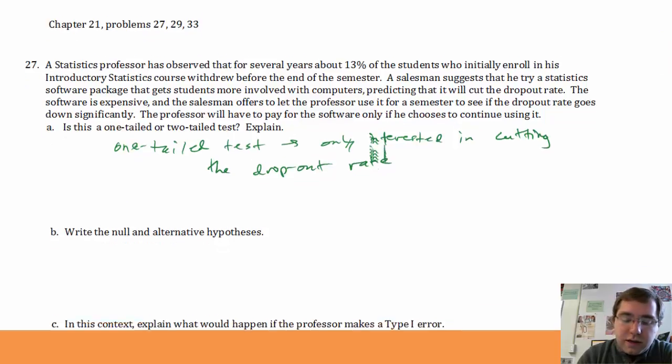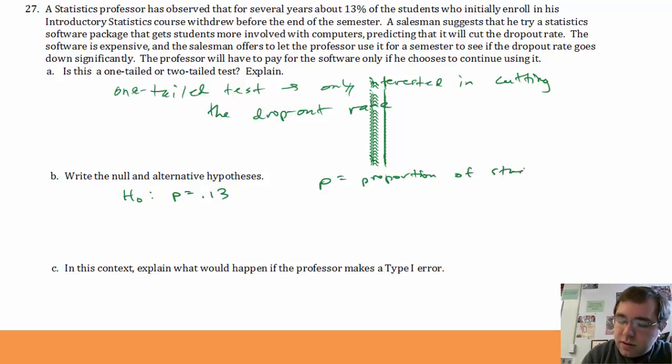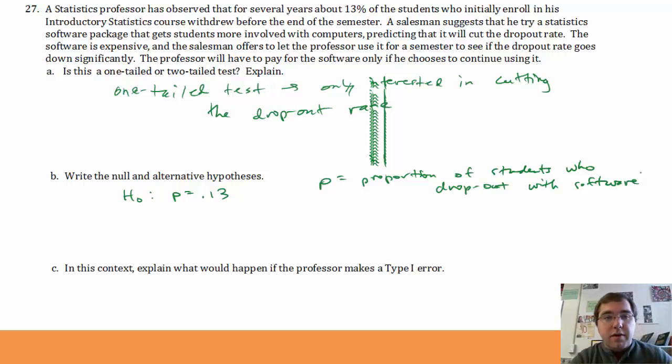Okay, write the null and alternative hypotheses. The null hypothesis, H0, is that his dropout rate, that proportion, is 0.13, where P is the proportion of students who drop out of the class with software being used in the class.